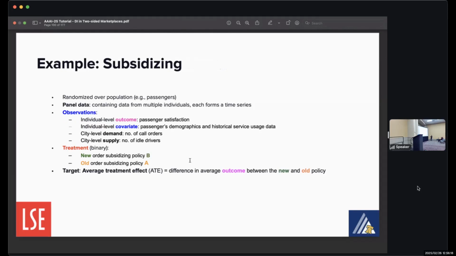Again, in this example we have both individual level observations, which are associated with each passenger, as well as city level observations, including the demand and supply. The treatment is again to compare a newly developed subsidizing policy against an old one, and the average treatment effect is again the difference in the average outcome between these two policies.